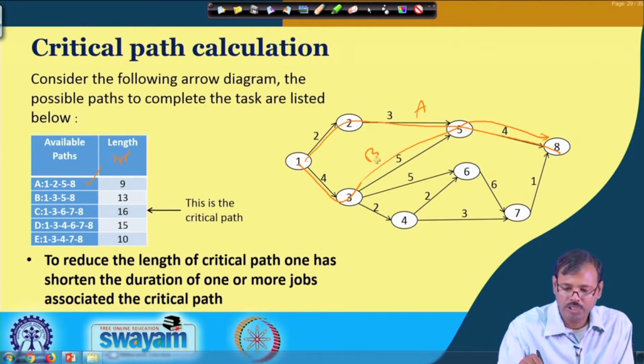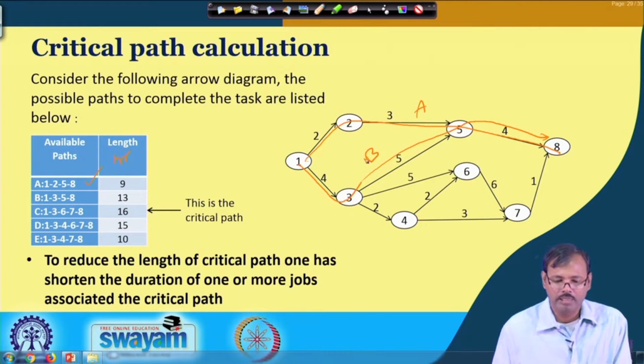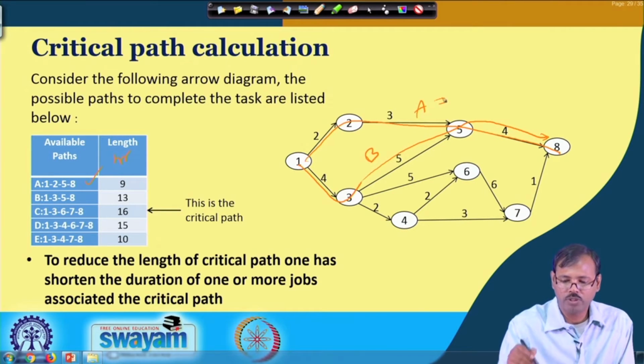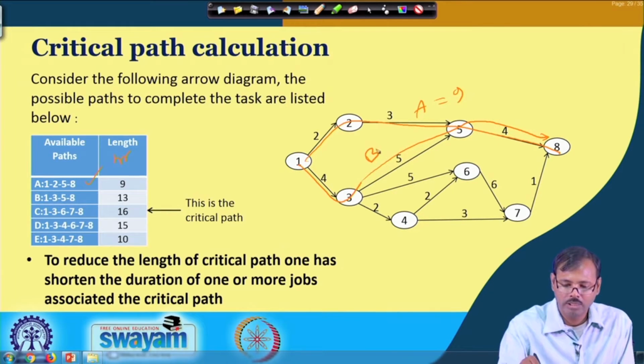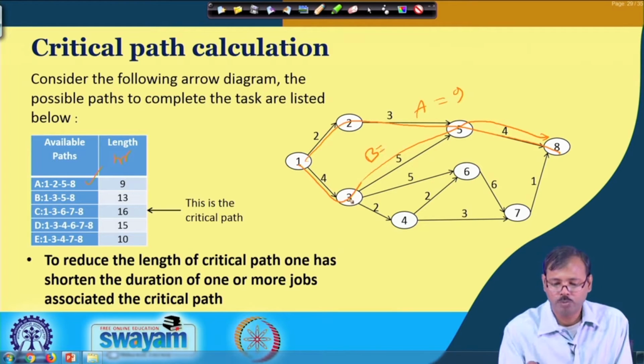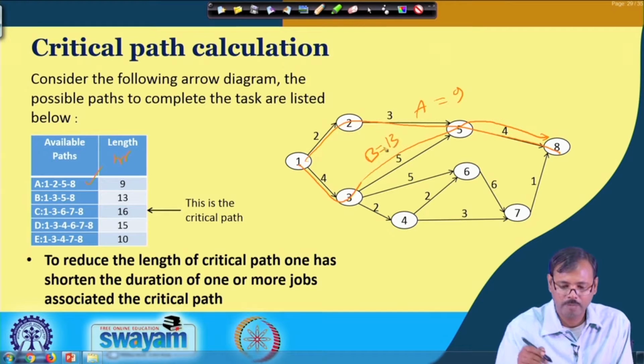So, this is path B, and if you see the time required for completion of path A is 2 plus 3 plus 4, that means 9 hours. Path B time is 4 plus 5 plus 4, that means it is taking 13 hours.